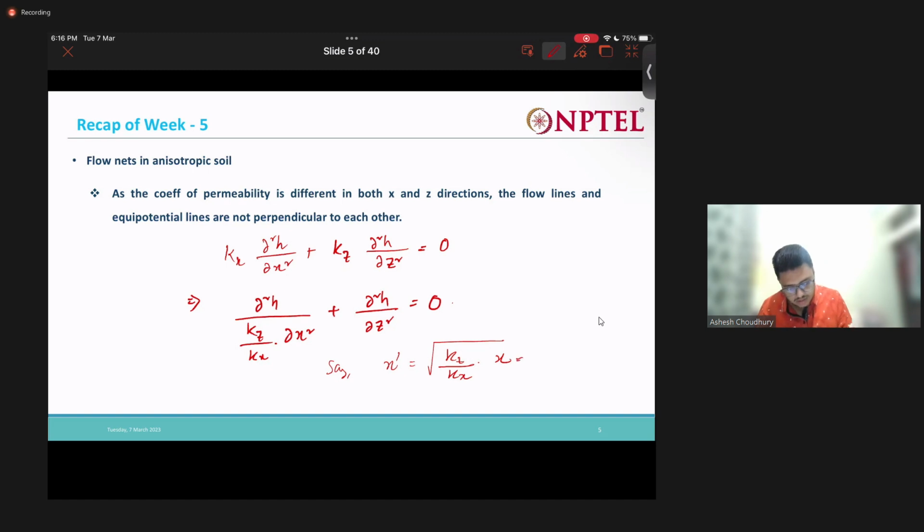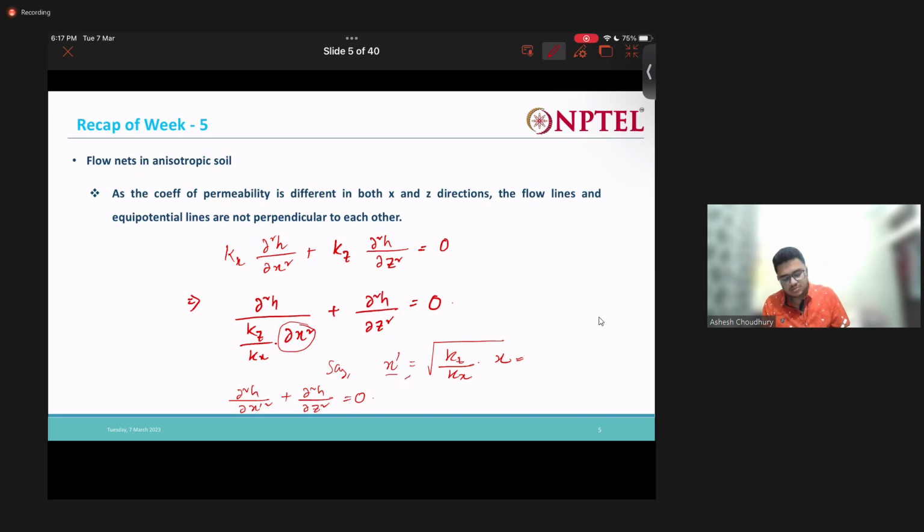After this, our equation turns out to be ∂²h/∂x'² plus ∂²h/∂z² equal to 0. So we are transforming x into x'.